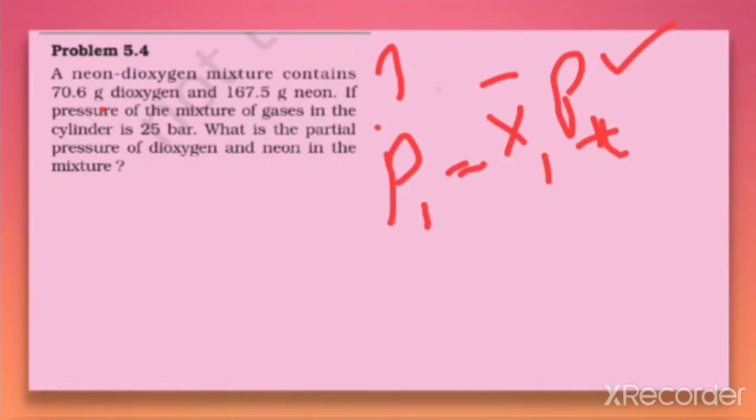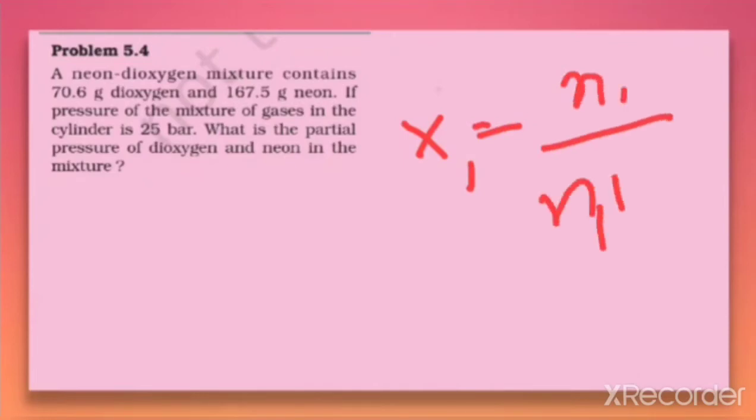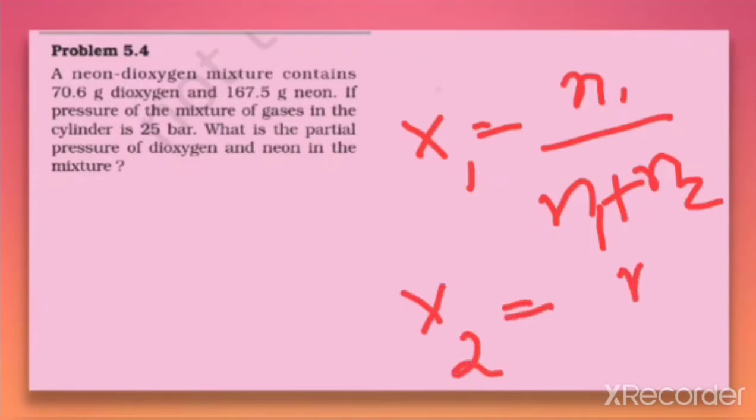To find the mole fraction, we need the number of moles. The mole fraction of 1 is n1 upon n1 plus n2, and the mole fraction of the second gas is n2 upon n1 plus n2.